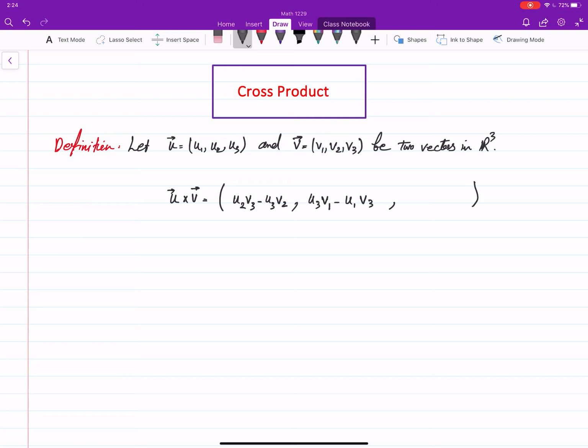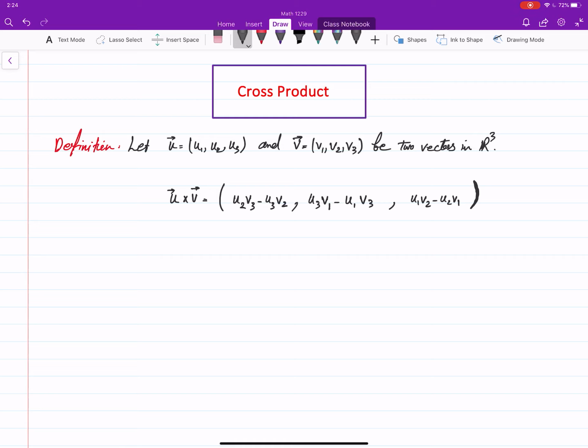And the third component is u1 v2 minus u2 v1. Well, yes, it is not easy at first glance to see what is happening.